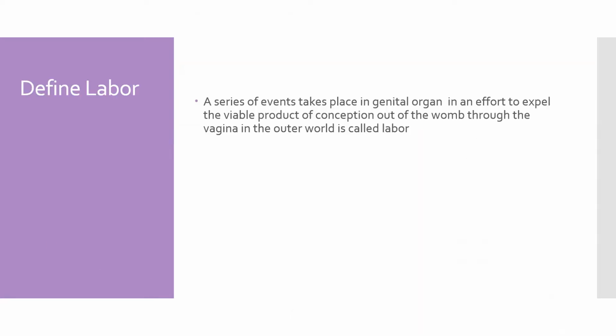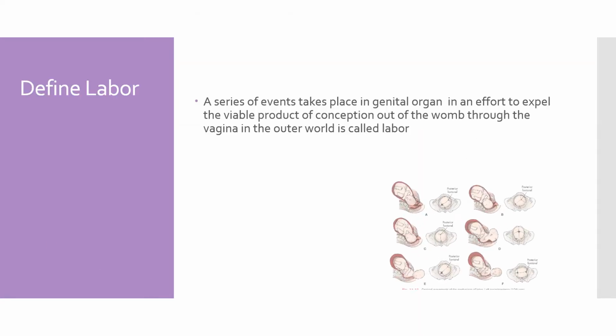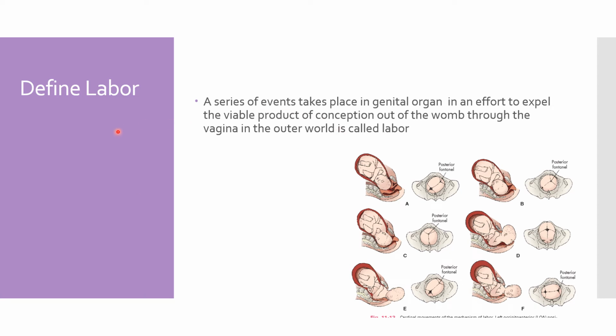Okay, the next one is the definition of labor. What is meant by labor? A series of events takes place in the genital organs. Where are the genital organs? That is the uterus and vagina. Why do these events take place?